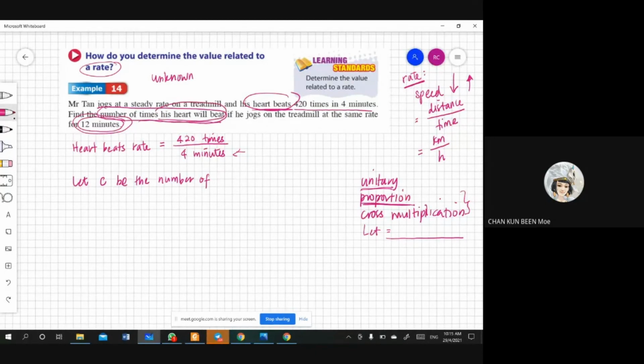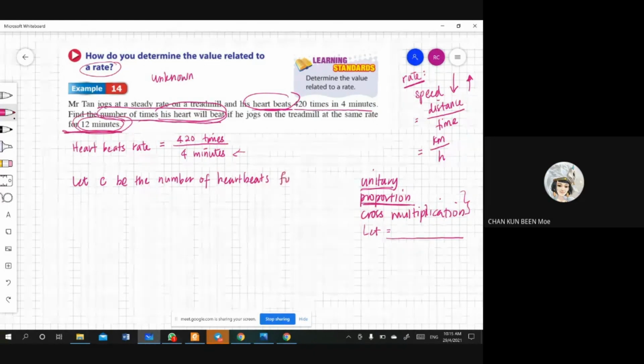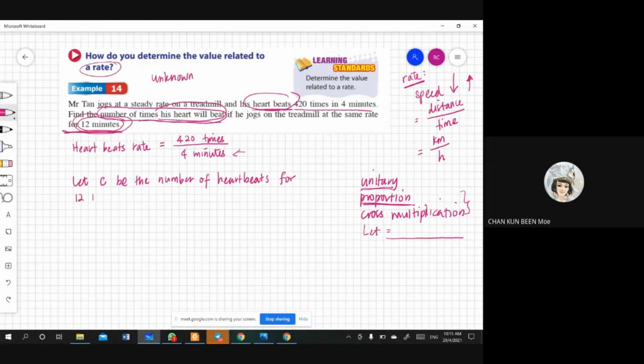Okay, we make it shorter. Heartbeats. For how long? 12 minutes. Yes, for 12 minutes. So let C be the number of heartbeats for 12 minutes. As long as all your details are in here, because they ask you to find the number of heartbeats.